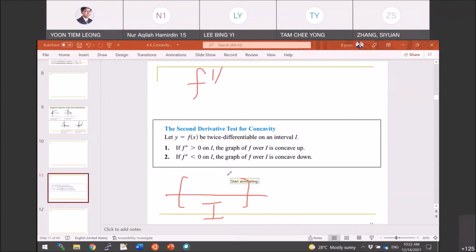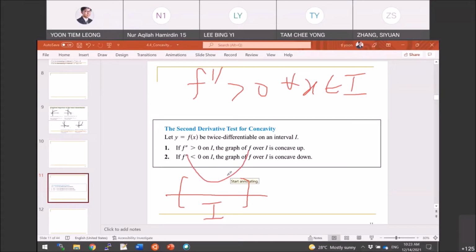If you find that f prime prime is positive for x within the interval I, then you can be sure that within this interval, the concavity of the function is positive. It should be a graph that has a shape that looks like this. Well, it doesn't really mean its shape looks exactly like this, but it must have a concavity which is up.